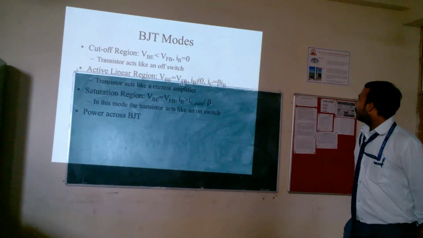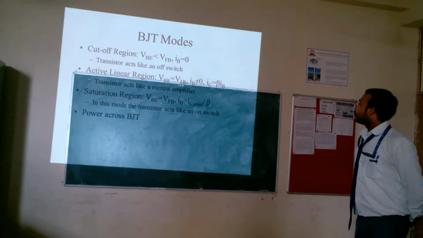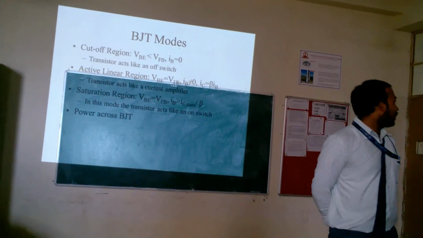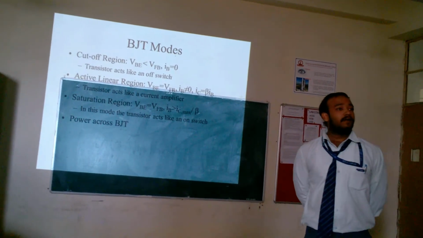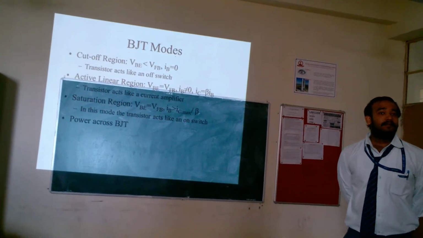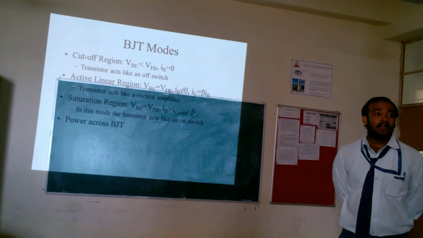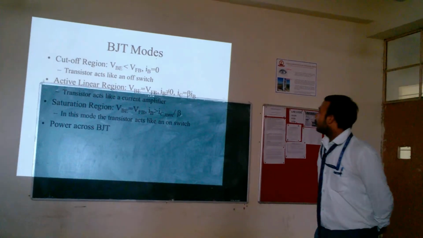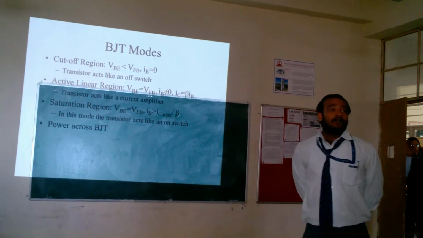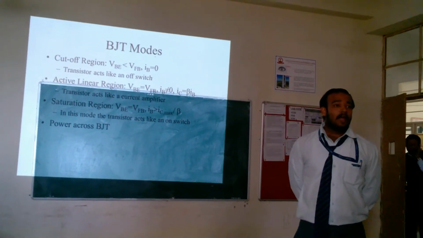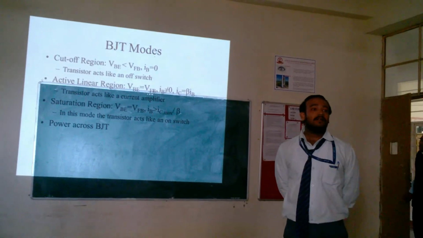A BJT has three modes. Active mode is when the collector-base is in reverse bias and the emitter-base is in forward bias, and it works as an active region. The cutoff region is when both collector-base and emitter-base are in reverse bias.